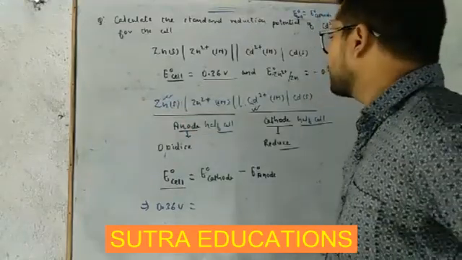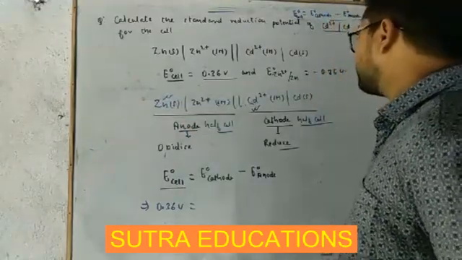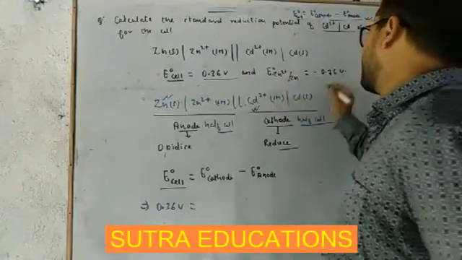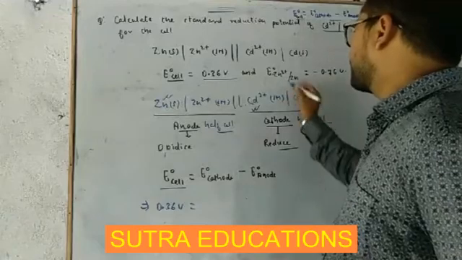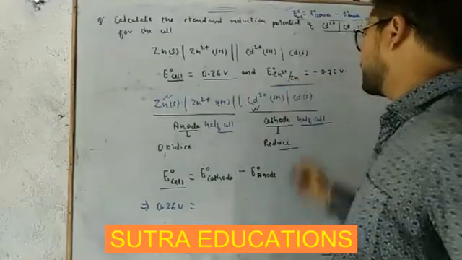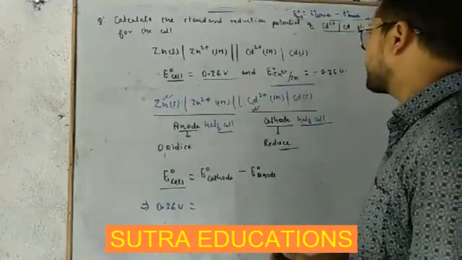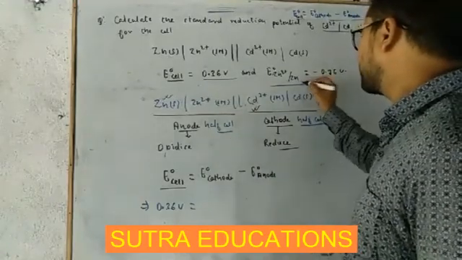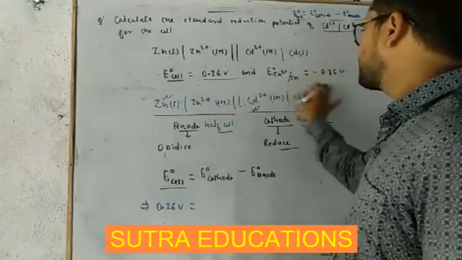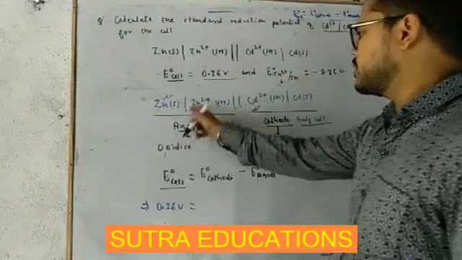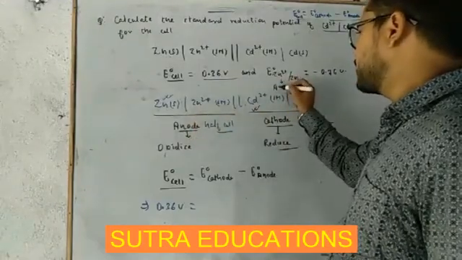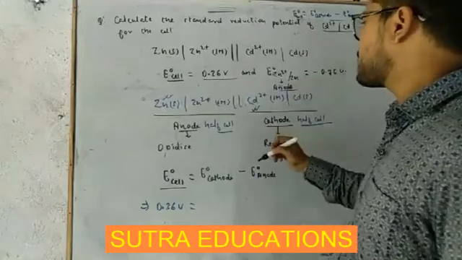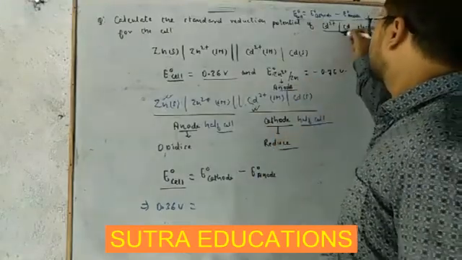So we have given standard reduction potential value of what? This zinc. So this zinc is acting as anode here, and this is cathode here.